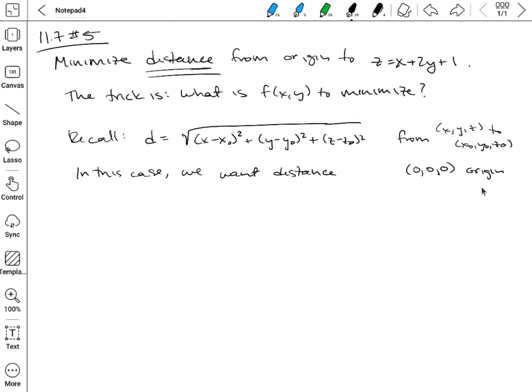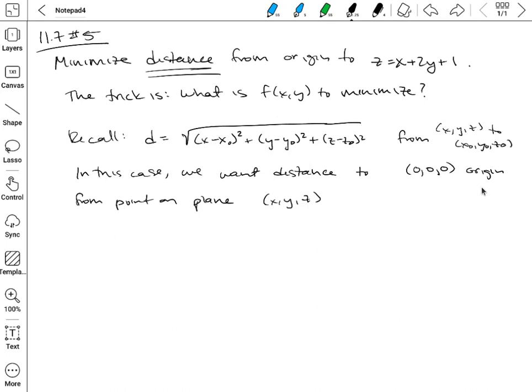And in this case, what we want is to find the distance to the origin, which is 0, 0, 0, from some point on the plane xyz. But when we do these minimization problems, we usually have a function of two variables, x and y.